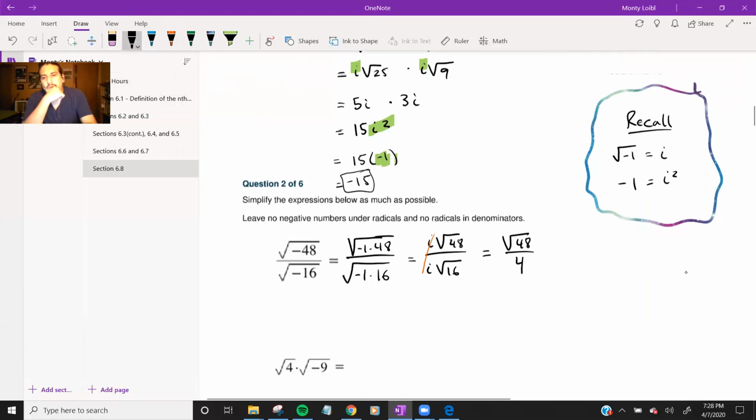Okay, so a little scratch work over here. Let's look at 48. We'll break it apart into the prime factorizations. Again, we're looking for perfect squares, right? We want to know what a perfect square is from 48. Any guesses right now while I move this down?